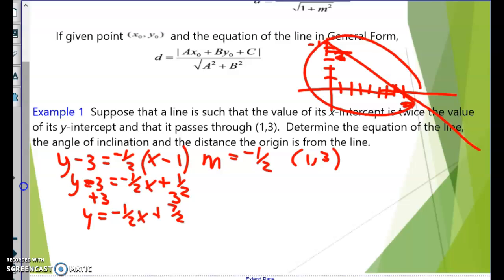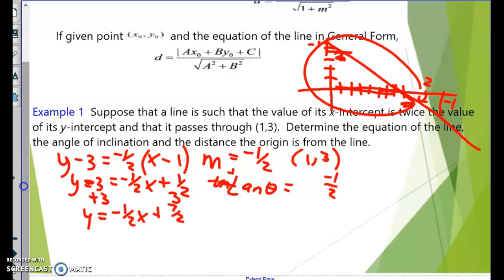And it appears to me that it's actually an angle of depression because it's going downwards. So why don't I go ahead and find this from the horizontal here, since it's going down. We know that it's going over 2 and down 1, so the tangent of theta is equal to the opposite over the adjacent.